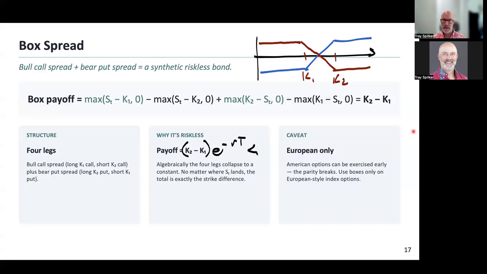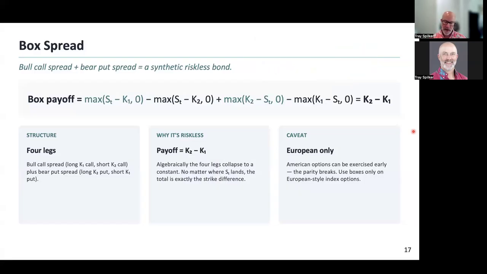It's basically a synthetic, riskless, zero coupon bond. Pretty clever. But again, I don't want to dwell too much on the specifics of it. I just want to give you a sense that you can combine all these utilizing put call parity to create the other synthetic side of it.